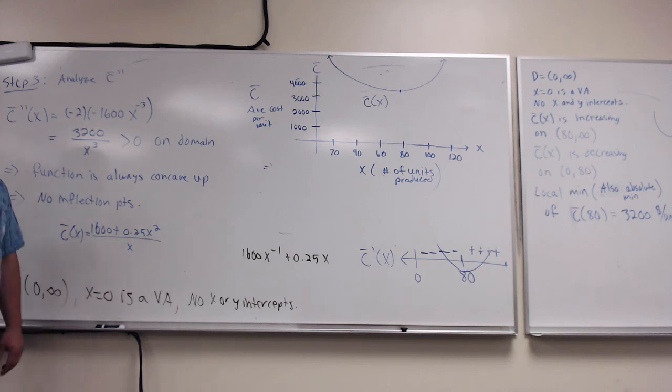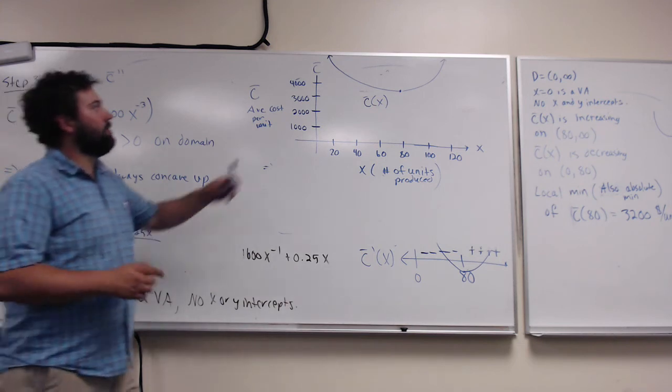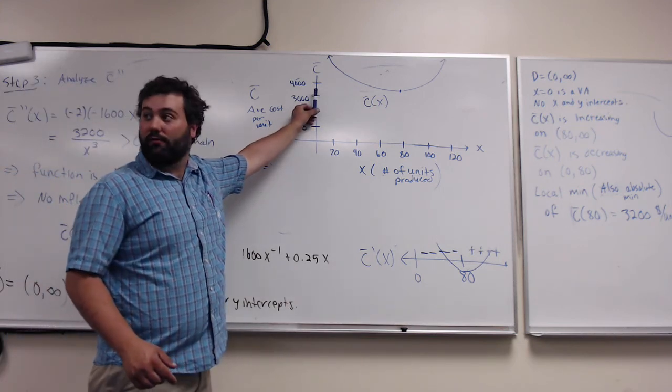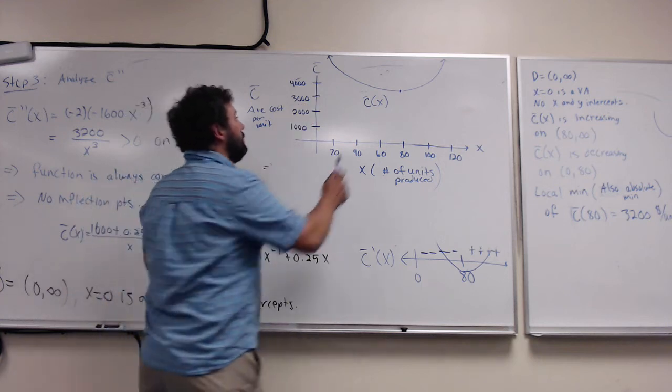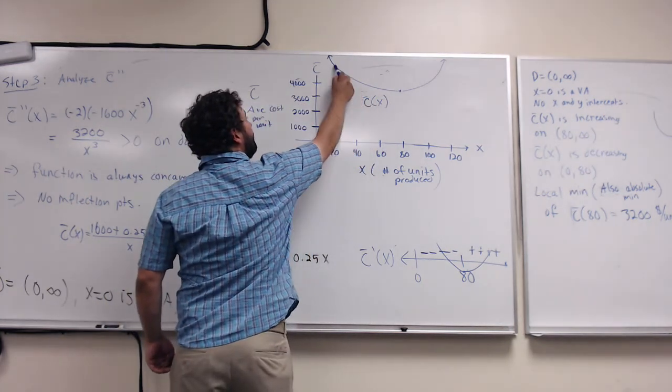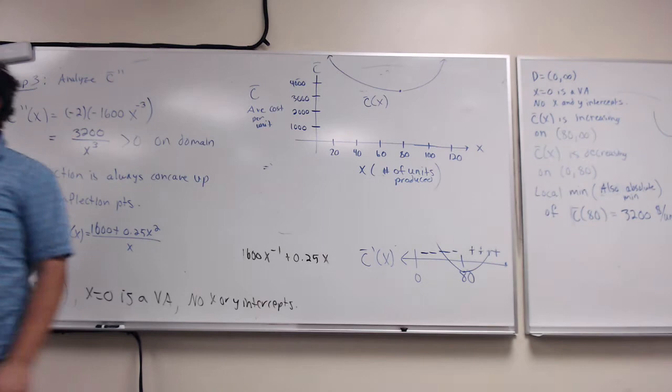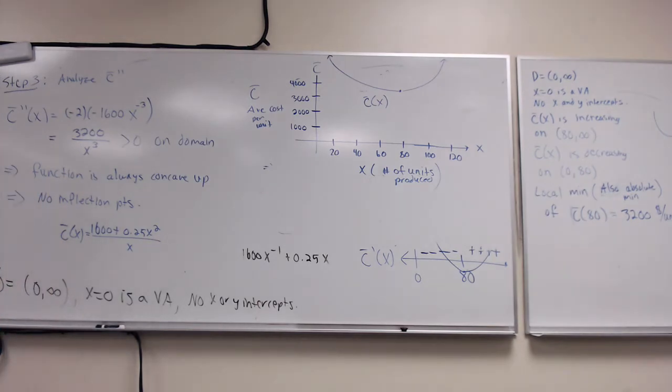Okay, and then since the bottom was 0 at 0 and the top isn't, you know that the vertical axis is a vertical asymptote. And since the function has to go up as you go to the left, it has to be going off to infinity. Right? When you approach an asymptote, the functions either go up forever or go down forever. So that's a rough sketch of the average cost function.